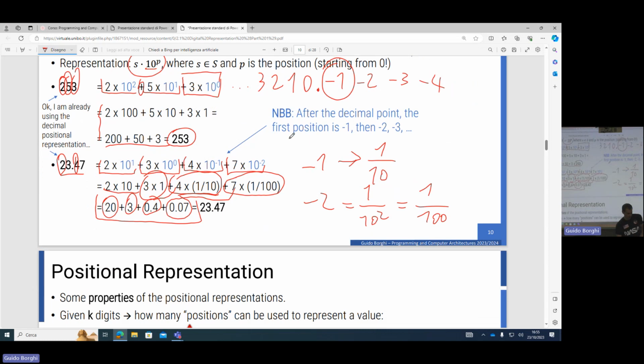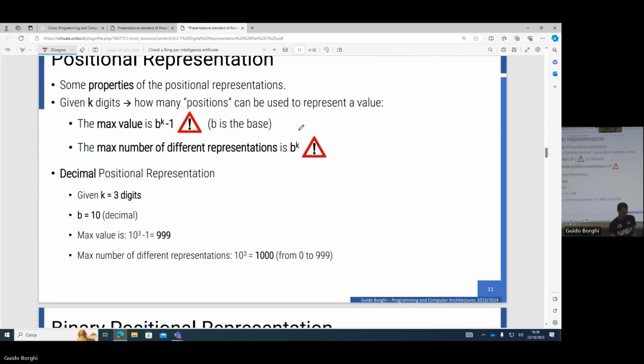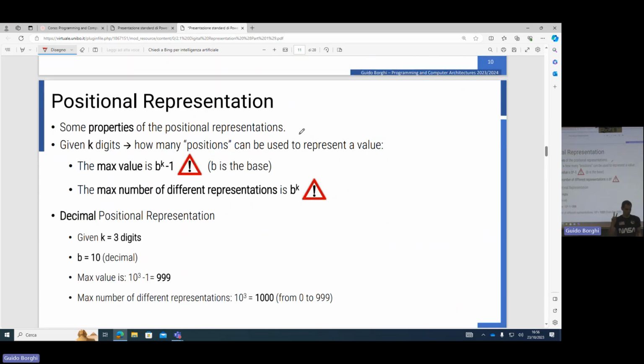Now we are going to see some properties of the positional representation. We have only 2 properties, and they are very simple. If we have k digits, what's the meaning of k digits? It is the number of positions that we can use to represent a value, okay?